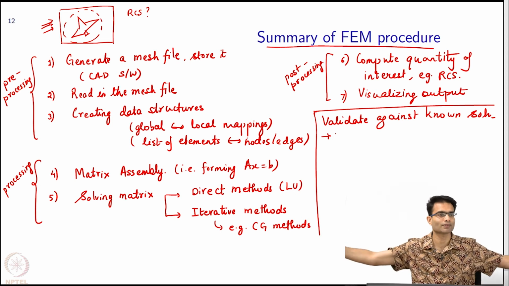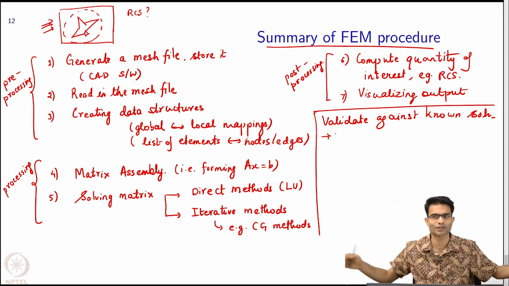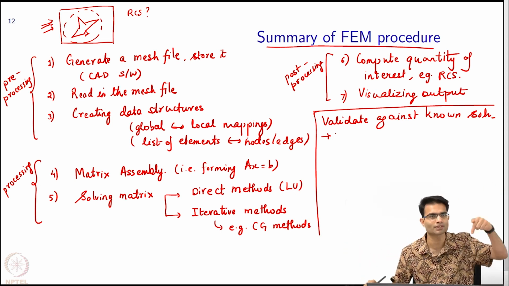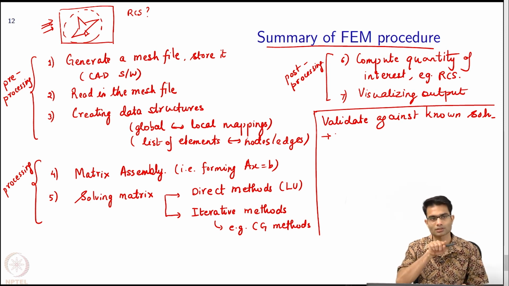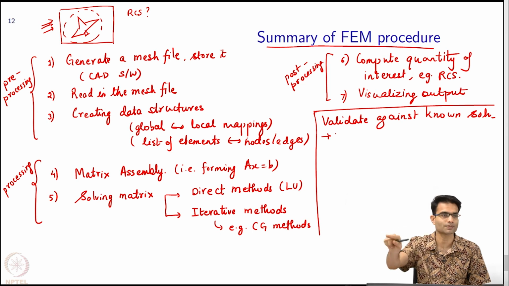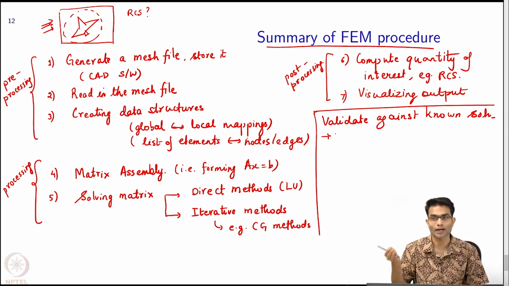If I have a slab of glass, every school kid has done this. What is the reflection coefficient? What is the transmission coefficient? There is a formula in terms of the refractive index, and it's a how many dimensional problem? You can make it a one dimensional problem, just normal reflection and transmission. I can calculate that. If I were writing a 1D code, I know the answer.